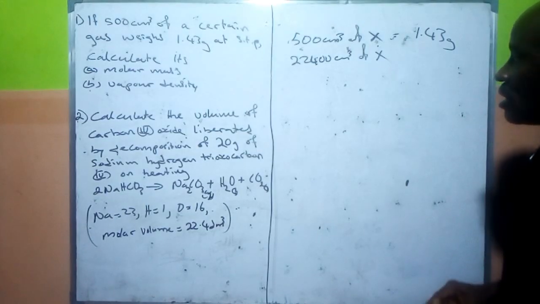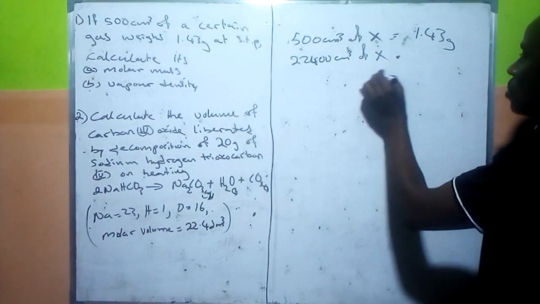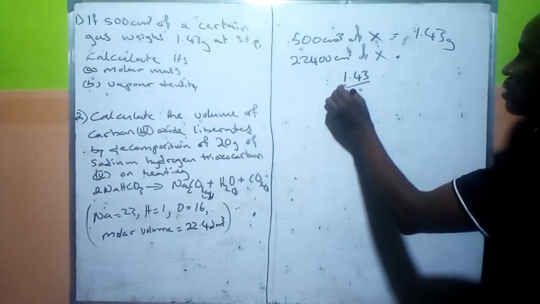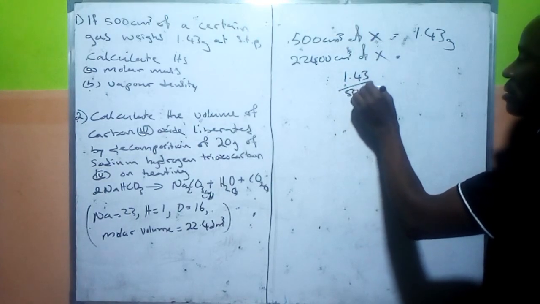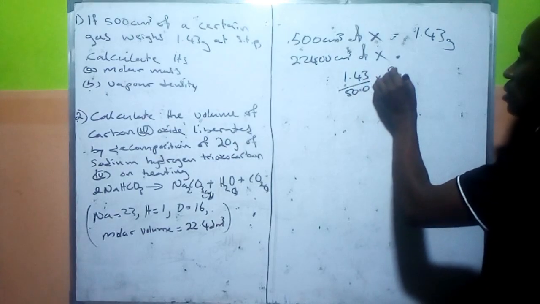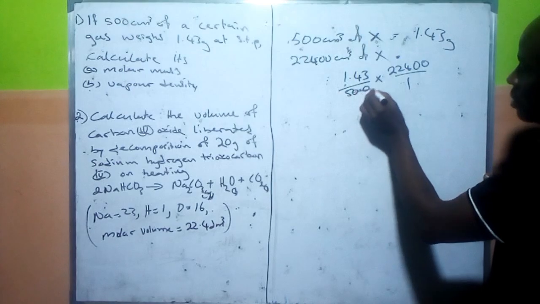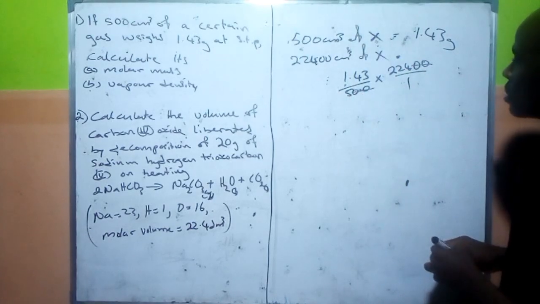22,400 cm cube of X will then be equal to 1.43 divided by 500, times 22,400 over 1. And this can cancel here. Then what else can go?